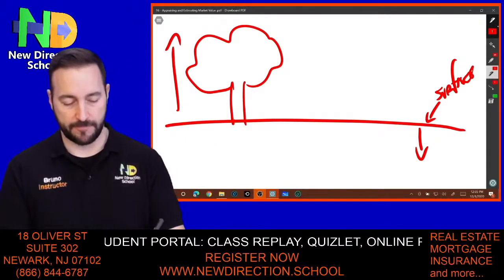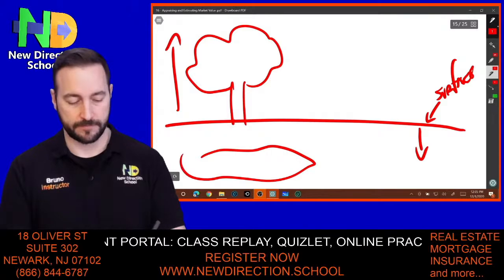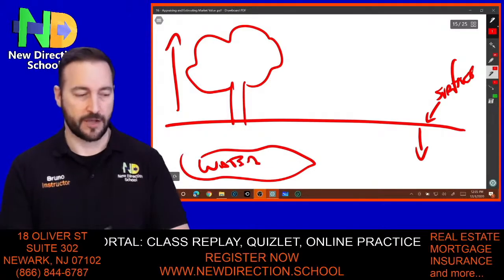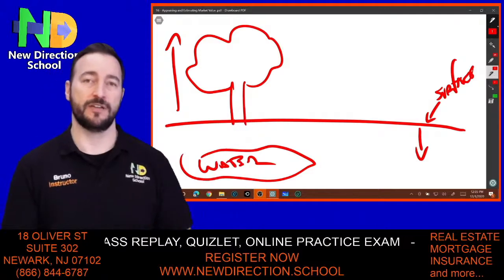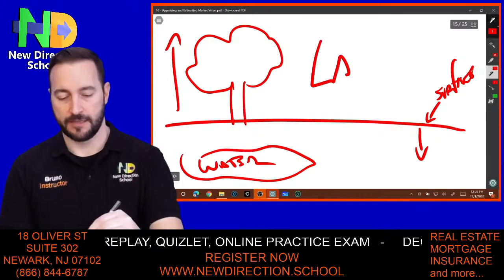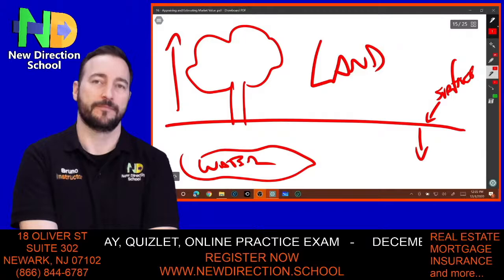If there are pockets of water that nature put there, that's land too. So the definition of what we see right here is the definition of land.